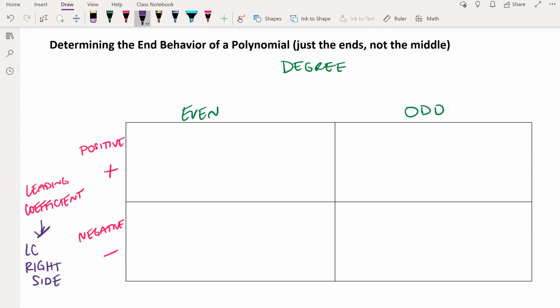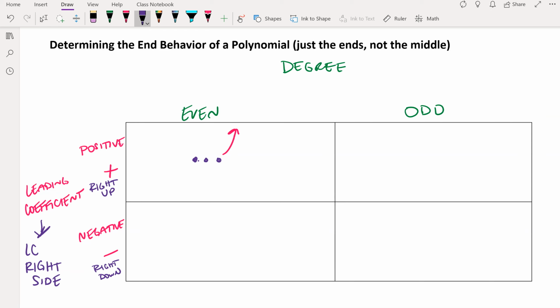So if the leading coefficient, let's put the dot, dot, dot. That's like the middle of the graph. We don't know what's happening there. We're not going to worry about that. But if the leading coefficient is positive, then the right side is going to go up. So leading coefficient positive, we get right side up. If the leading coefficient's negative, the right side of the graph goes down.